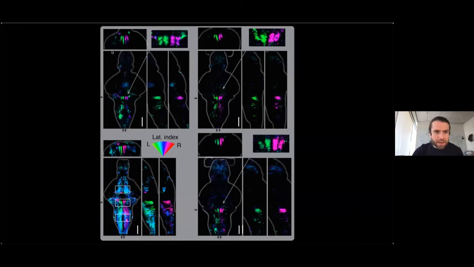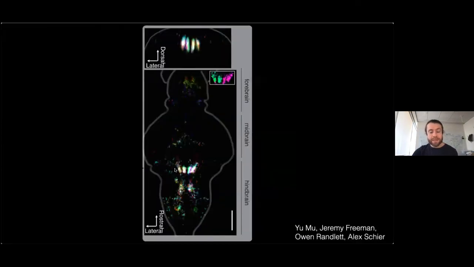So here's an example of a top view, a front view of the brain, and two side views, the left and the right side of the brain. You can see it's relatively consistent across animals, and always this structure shows up in the center, in the anterior hindbrain.